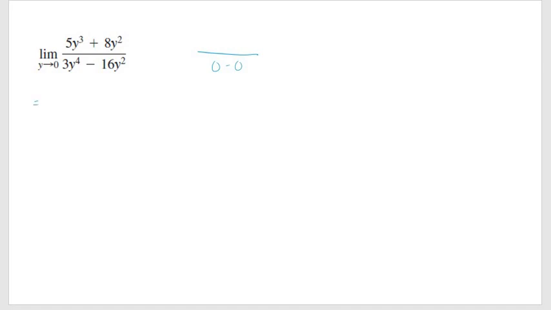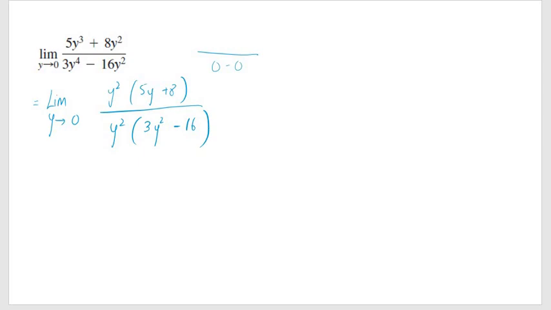We'll write this again as limit y tends to 0. We take the common factor, which is y squared. So we have 5y plus 8. And again here we have y squared. When we take it out, we have 3y squared minus 16. And we'll cancel off the common factors.